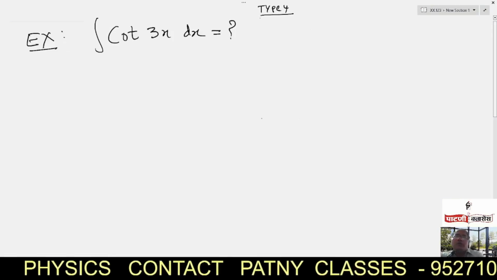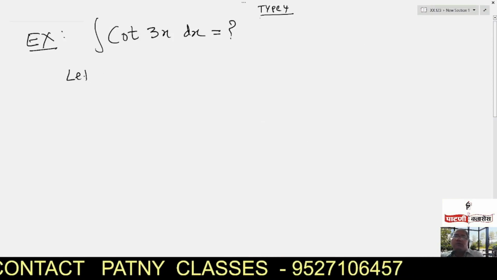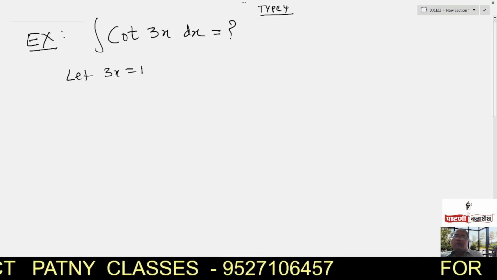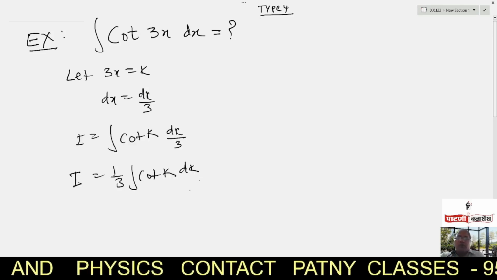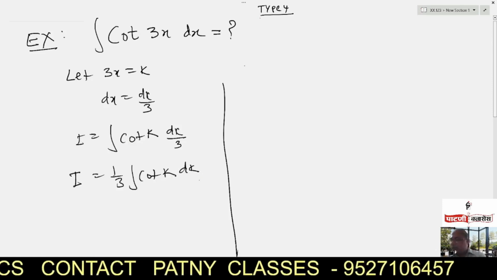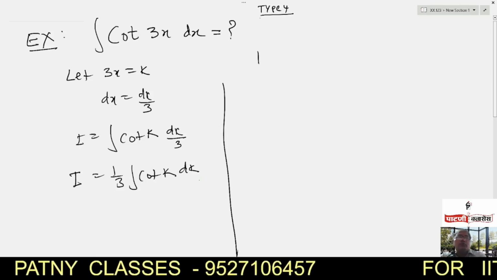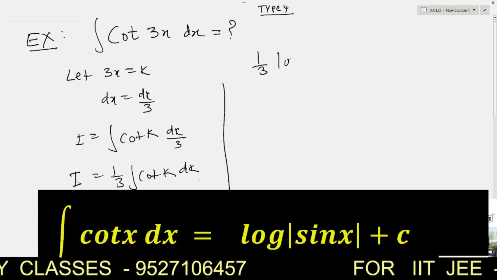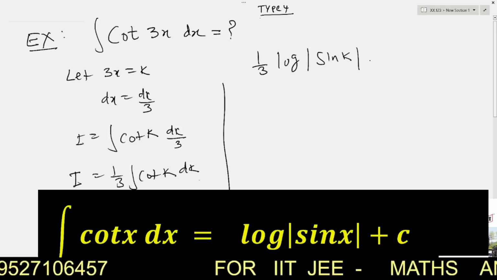Now, integration of cot 3x with respect to x equals how much? Let 3x equal k. We get I equals 1 by 3 integration of cot k dk, and integration of cot k is nothing but log of modulus of sin k plus c.